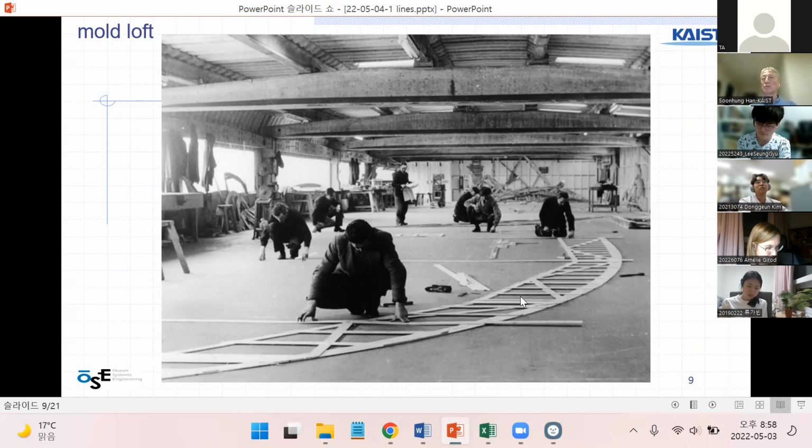So this room is made of a big floor where full size ship sections can be made using a wood plate like this one. But nowadays, this room is not used anymore, because we can use computer drawings instead. Also, numerical control machines are used to check whether the ship surface is correctly made.